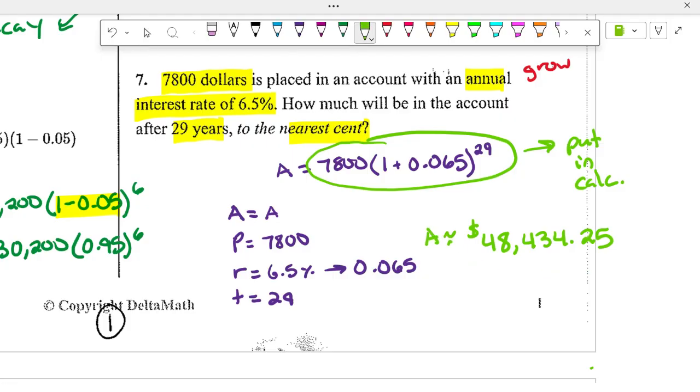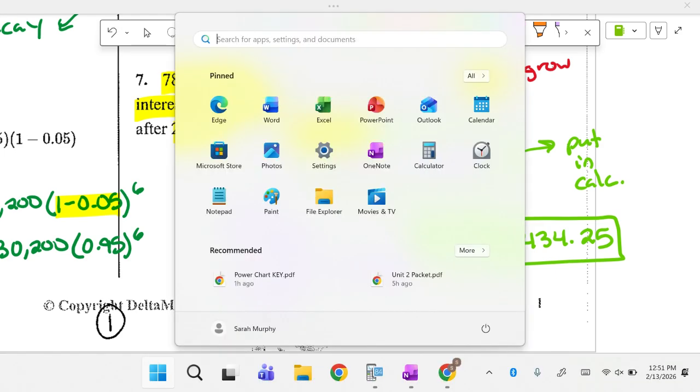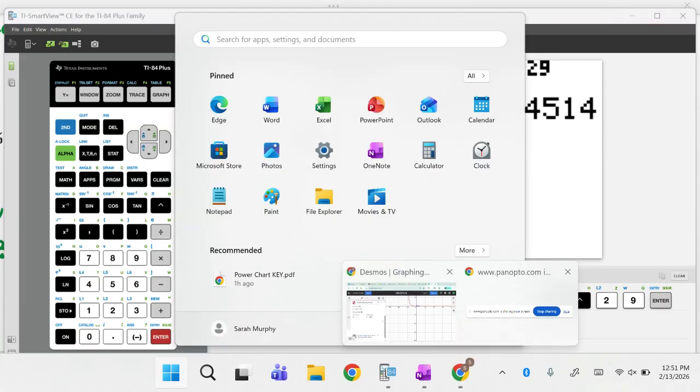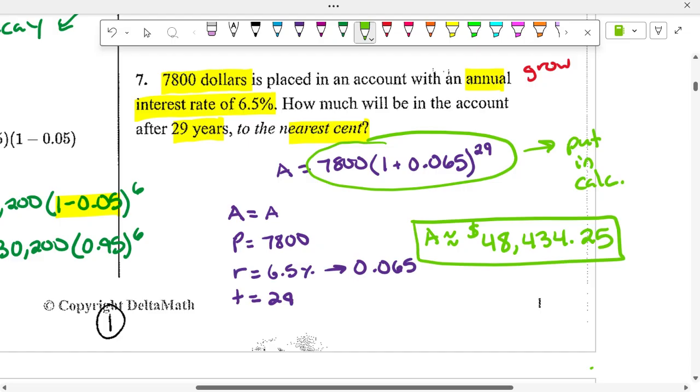So A is approximately, because we had to round that. Oh, I switched these. It's 43, not 34.